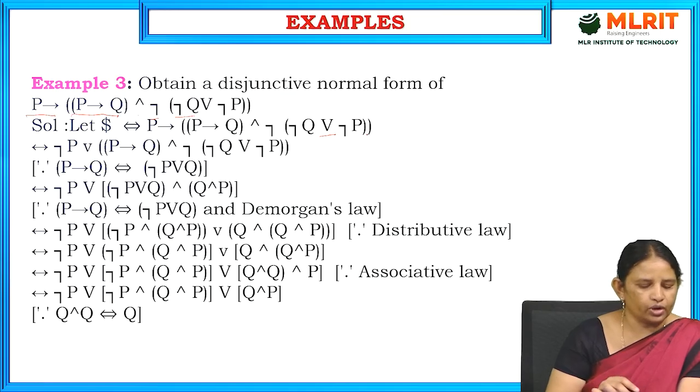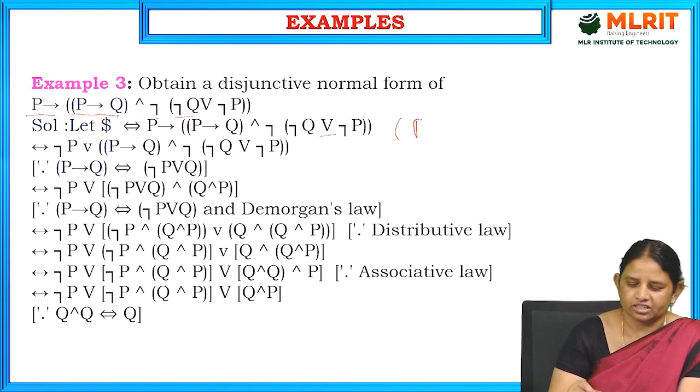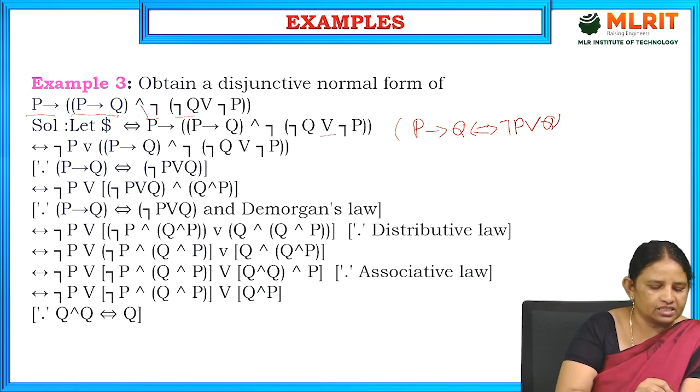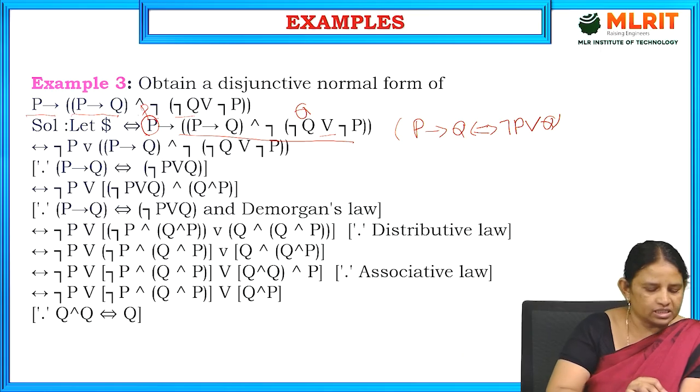So what we are going to do is consider the conditional statement P implies Q. What is the formula for P implies Q? Negation P or Q is the formula. So in this statement, the first proposition is considered as P, and the entire proposition is considered as Q. What is there in the place of P?